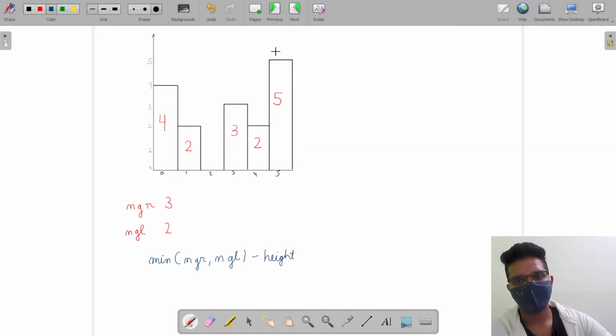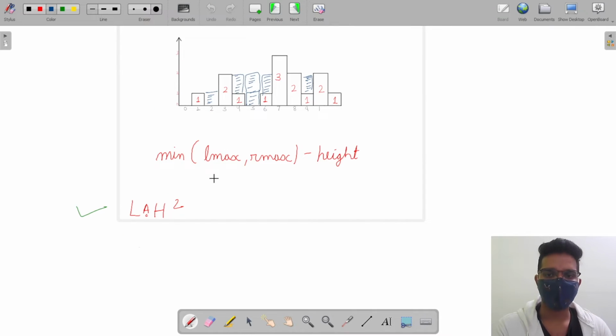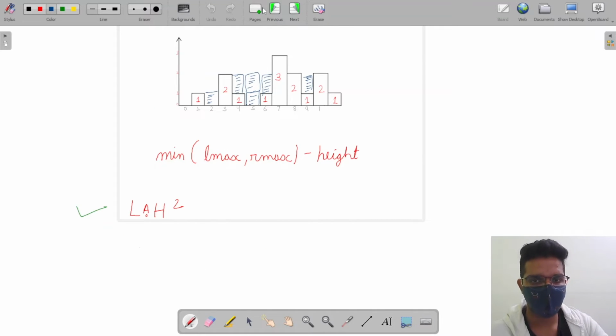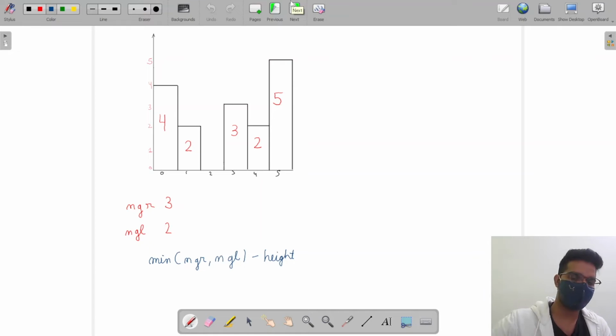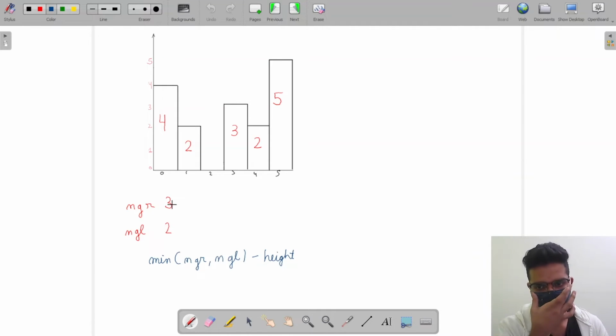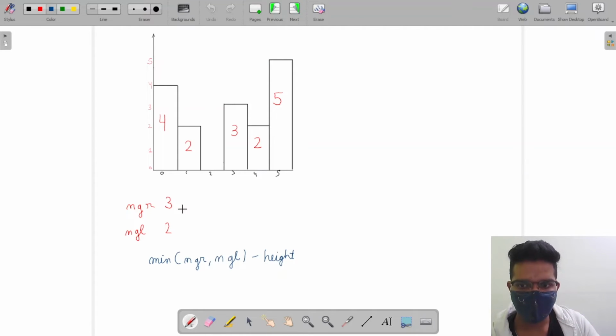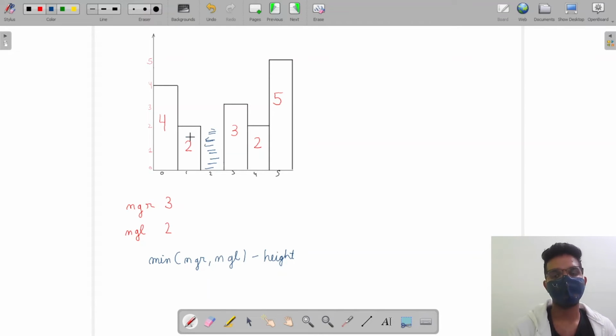Earlier, what we did is minimum of left max, right max, minus my own height. But this time there is a catch to this. Let's see. So for 2, 3, we know that 2 is minimum. So 2 minus my own height, that gives me 2. So here I can store 2 units of water, as you can see.